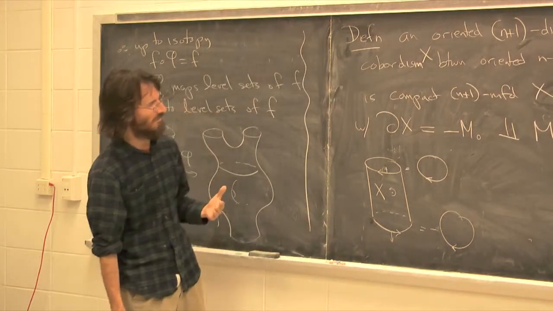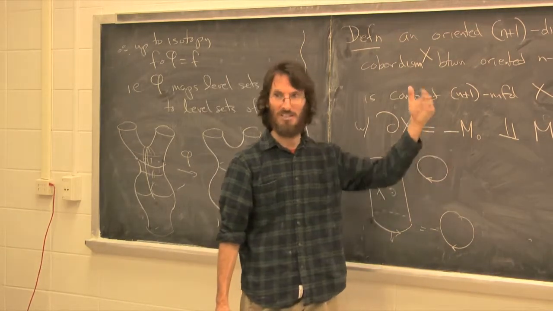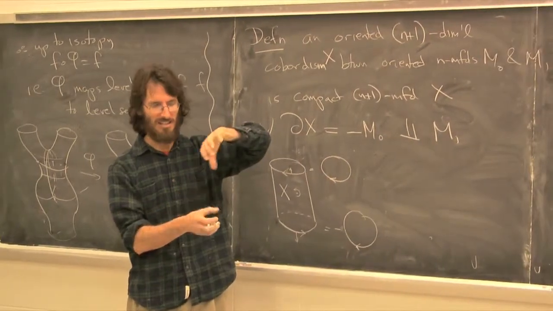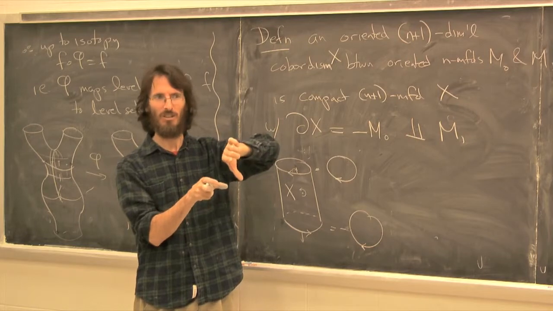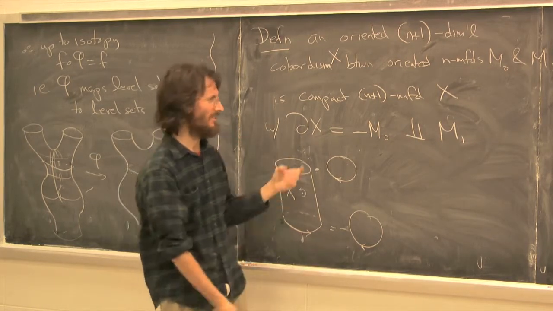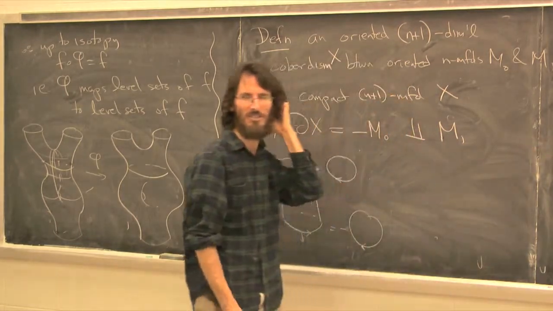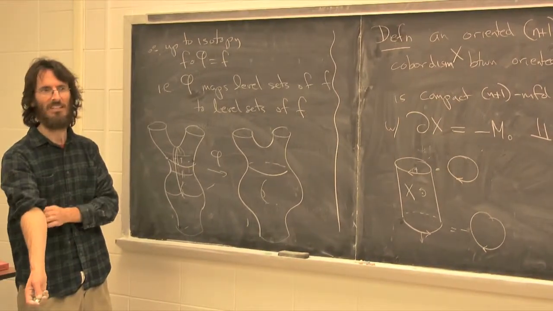And the other reason you want to say it is if I have a cobordism from M0 to M1 and M1 to M2, you want to be able to glue them together in an orientation consistent way. And to do that, you should glue things by orientation reversing gluing maps along the boundary, because the outward normal becomes inward normal. And so that's why the next one would be minus M1 to M2, and then you glue them together. The identity map would be orientation reversing.